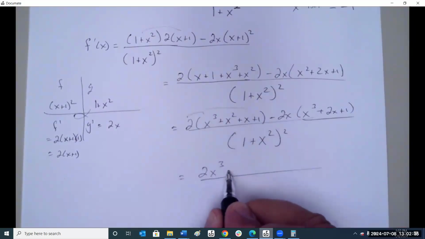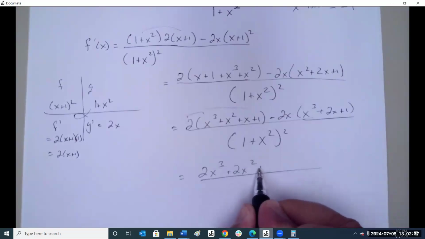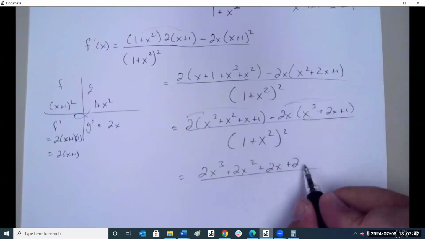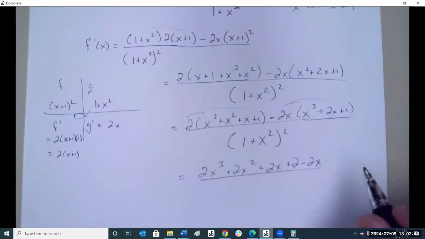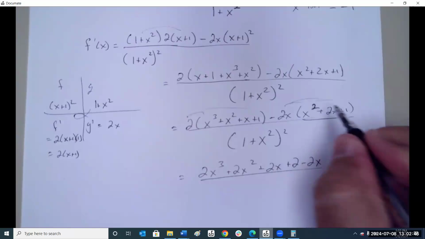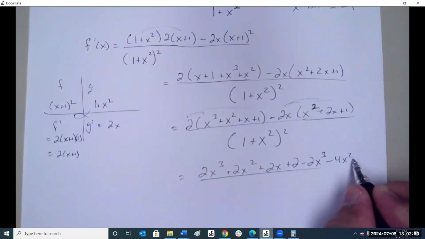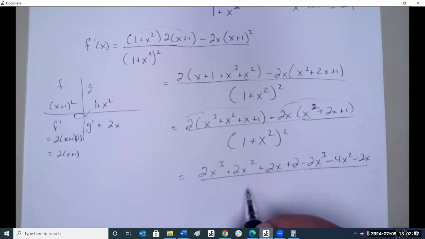Two x cubed plus 2x squared plus 2x plus 2 minus 2x cubed squared, just makes it cubed. Four x squared minus 2x.